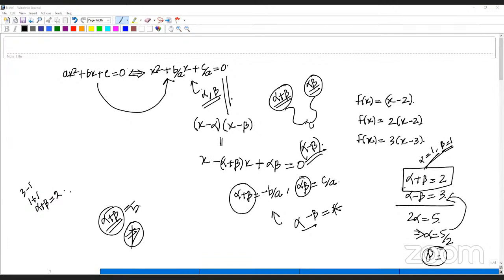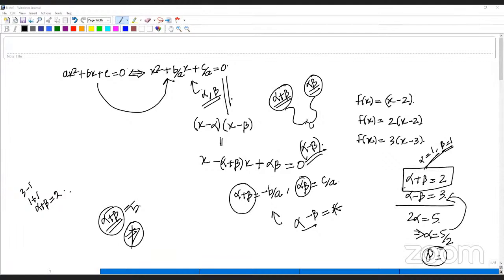When b square minus 4ac is greater than 0. Yes. So you just need to check for which equation your discriminant is greater than 0. You have 4 equations, so you have to check one by one and see which of them satisfies the condition that the discriminant of that equation is greater than 0.